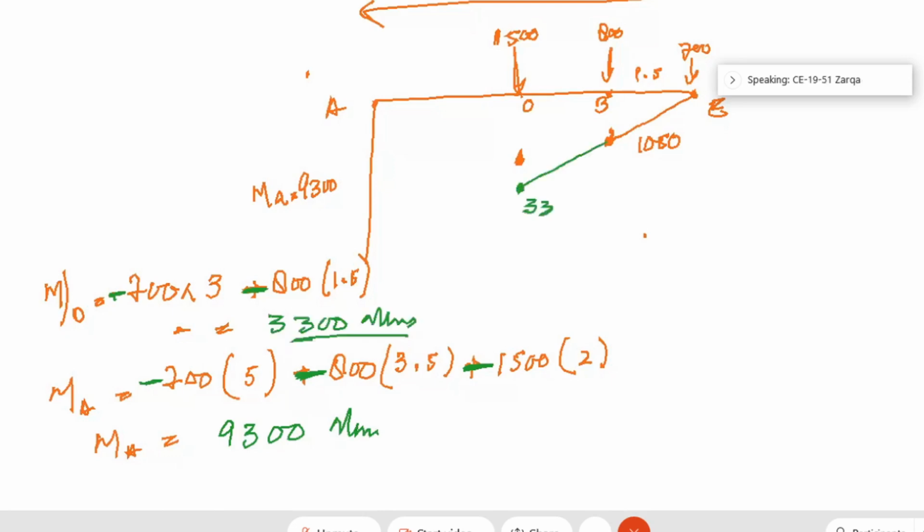Okay, fine. 3,300, and finally it is 9,300. These are your three values at three different points. This is the bending moment at three different points.